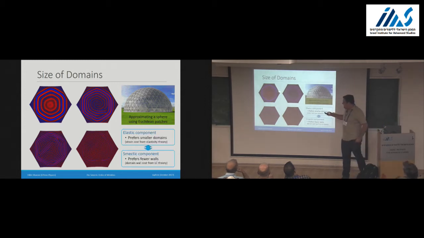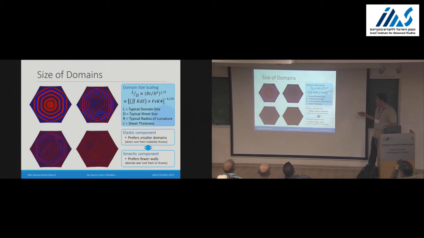By the way, those 4 simulations are done at different thicknesses. Otherwise, they are the same. They are also hexagons cut out of a sphere. And these 2 components, the elastic component, which likes small domains, and the Smectic component, which likes large domains or fewer domain walls, they compete. And they give us this prediction for the scaling of the typical domain size.